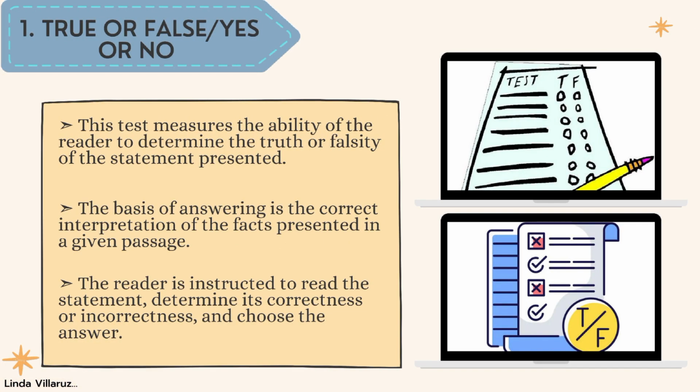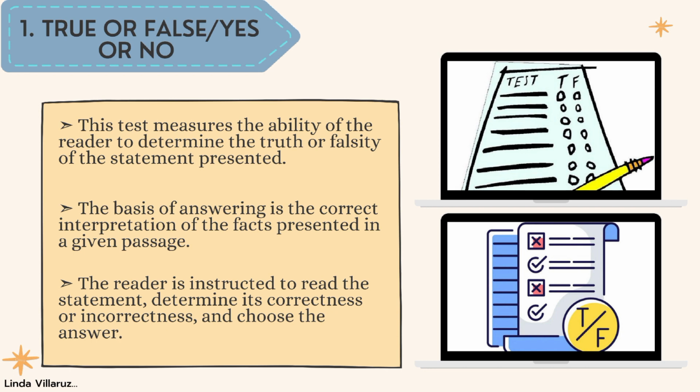And now let us go to number 1, which is the true or false, or the yes or no. This test measures the ability of the reader to determine the truth or falsity of the statement presented. The basis of answering is the correct interpretation of the facts represented in a given passage.